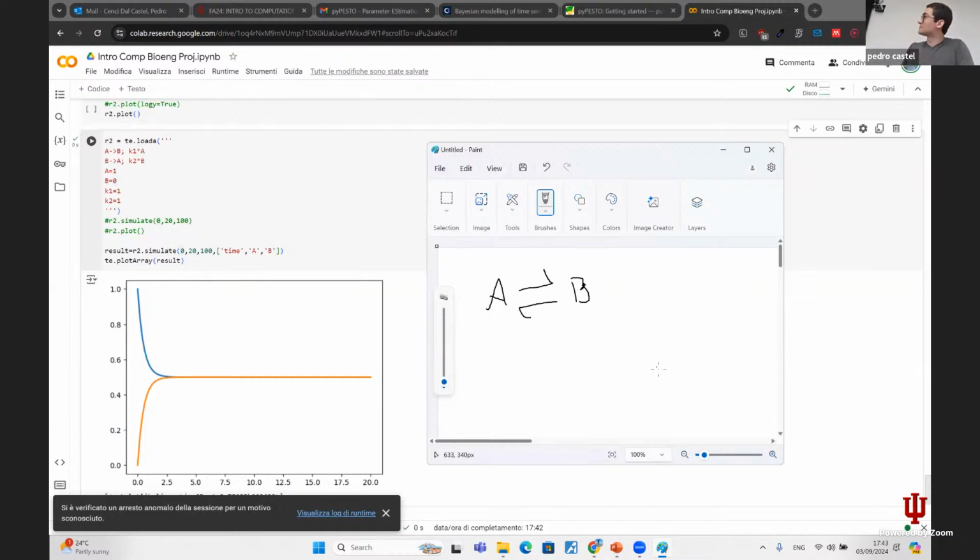Why is it tending to 5? Why are they going to 5? Right, because of this. So if K1 is equal to K2, you have A equals B in the long term, right?